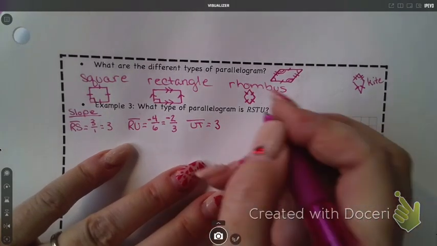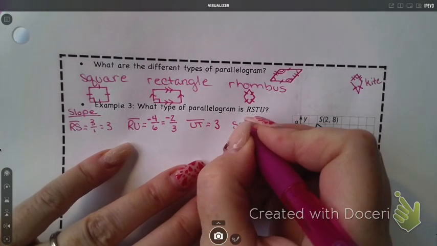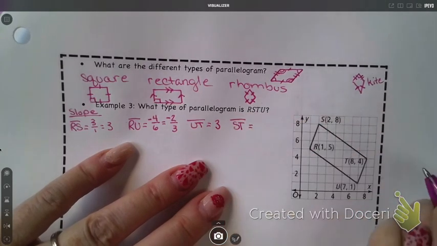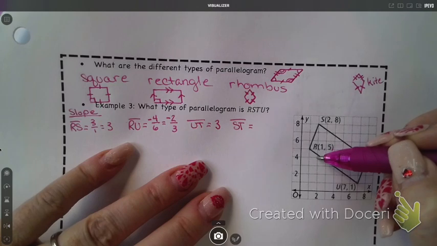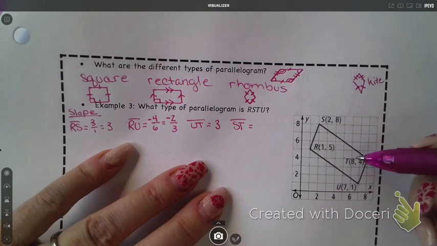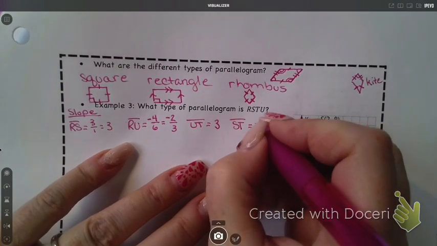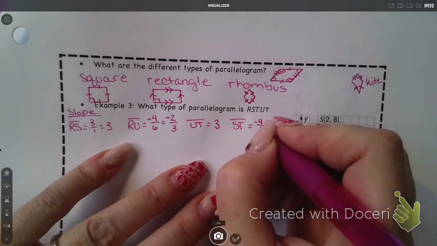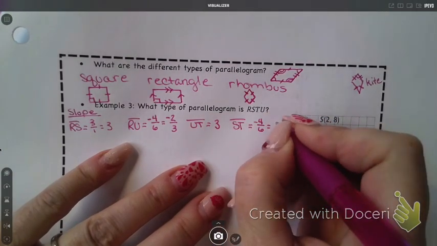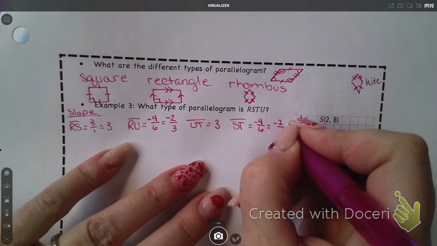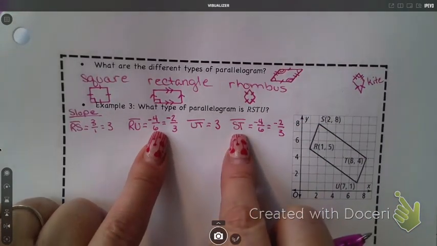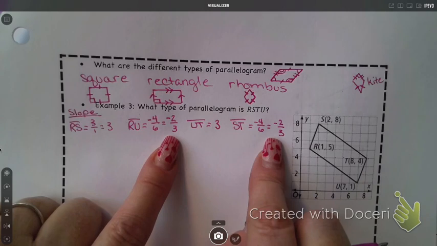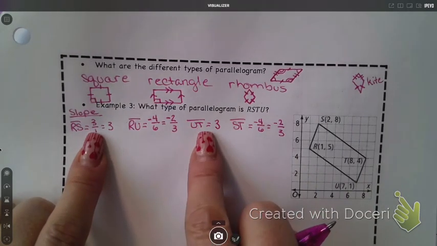And then we need ST. I got -4/6 again, so -2/3. Well, I know that RU and ST are parallel, and I know that RS and UT are parallel.